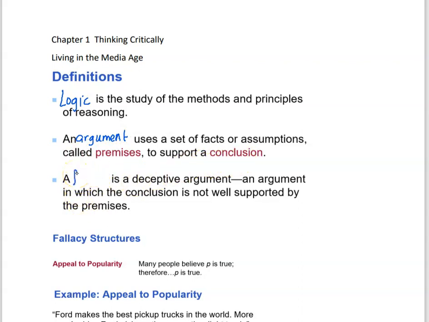And what we're going to be talking about a lot today are different kinds of fallacies. And a fallacy is a deceptive argument, an argument in which the conclusion is not well supported by the premises.